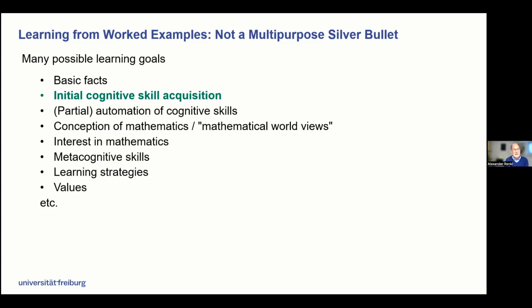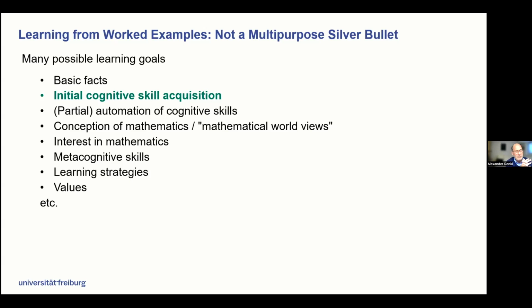You can scan over the list, and I think the initial cognitive skill acquisition, what I was talking about, is just one goal. That means you begin to learn the cognitive skill to solve a certain type of mathematics problems, or physics problems, or biology problems, depending on the domain.